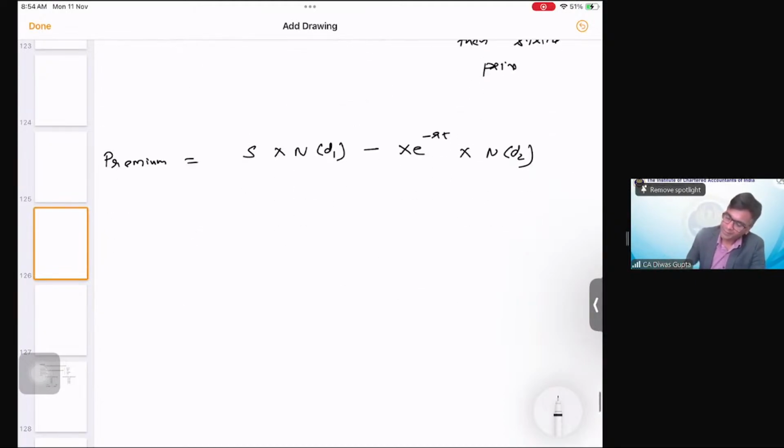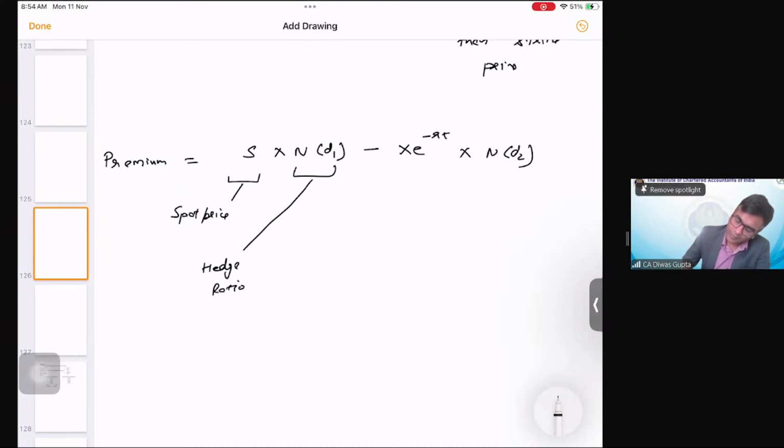Okay. So if you see, this is the spot price. This is the hedge ratio. This is the present value of strike price.